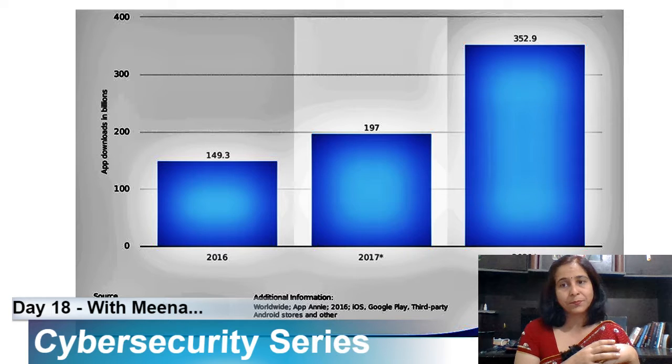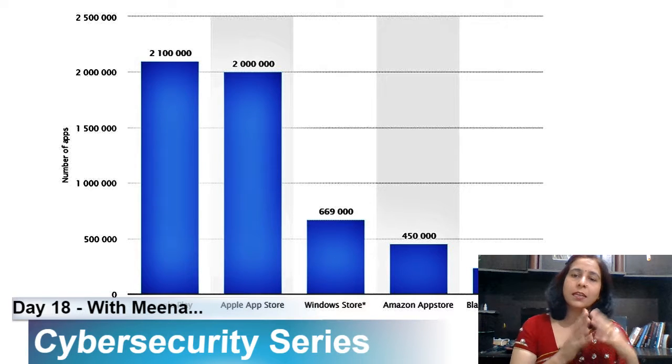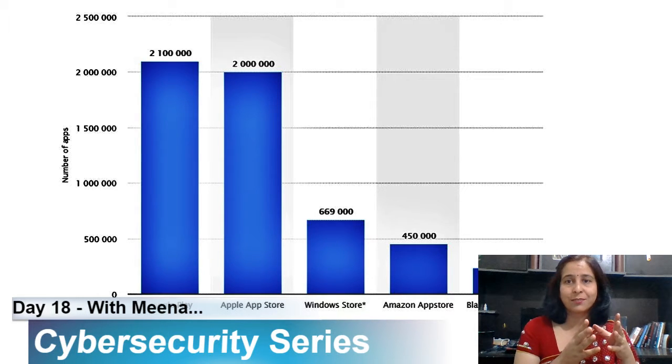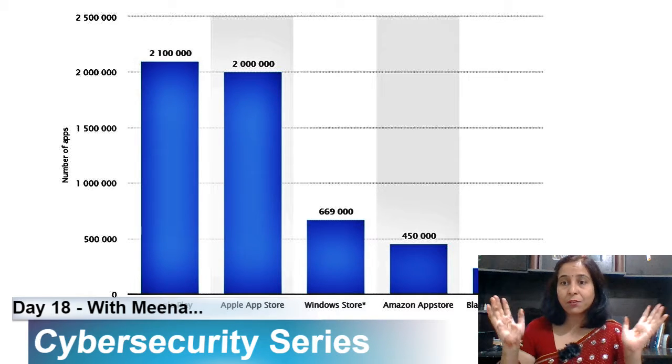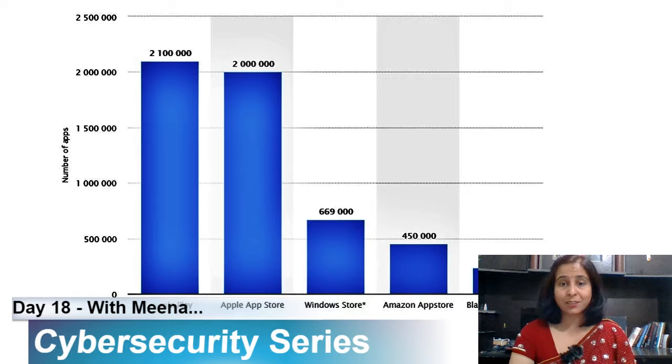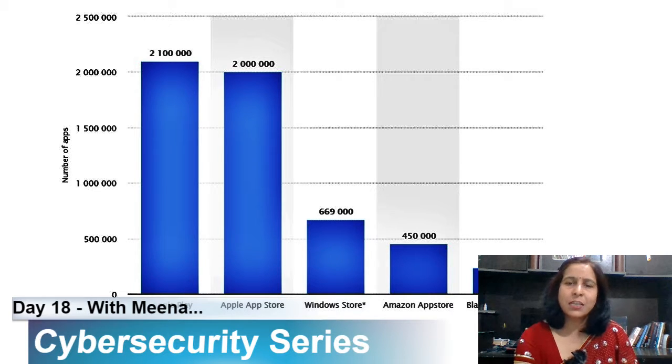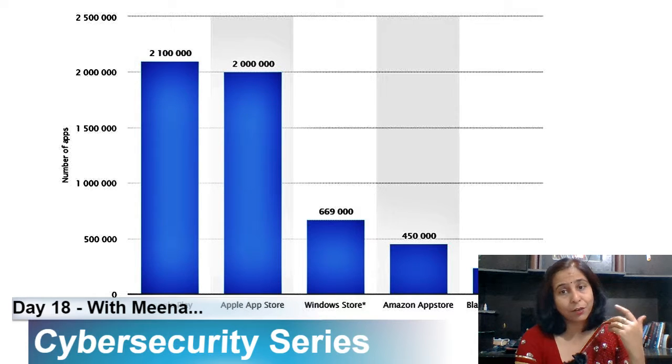So we have the number of users, devices, and apps. Google Play alone has 2.1 million apps, and Apple has 2 million apps in its store for different tasks. These are the statistics I present in front of you.